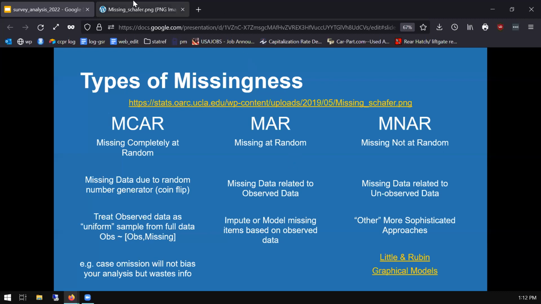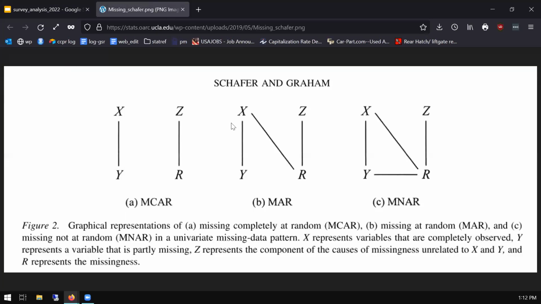The next step up is missing at random. This diagram here. You still might be interested in a health outcome. The 30 people that didn't respond, you think they might not have responded correlated to this measured variable in your data set, X. Age.